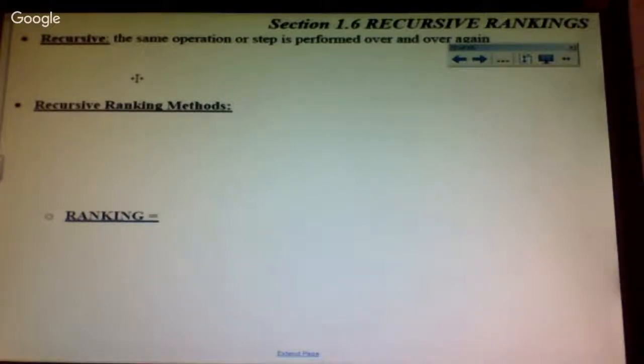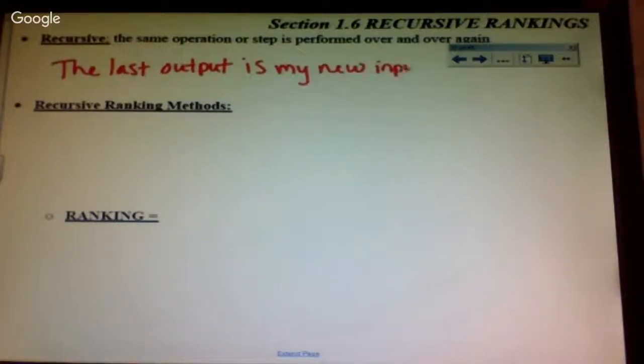So I need to know what has happened previously before I continue. What that means is the last output is my new input. In other words, I need to know what has happened previous before I can move on.